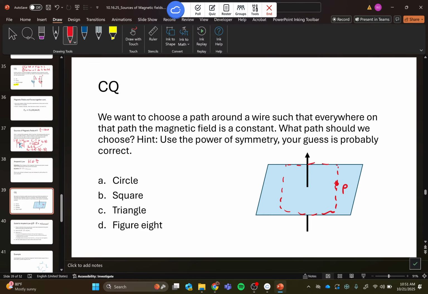There's my square path. Am I going to draw a triangle path around it? Or am I going to draw a figure 8 around it? The key is, which of these shapes has the magnetic field the same everywhere around it? So which path, everywhere in that dotted line, I want the magnetic field to be a constant. What path are you going to choose? Circle, square, triangle, or figure 8?